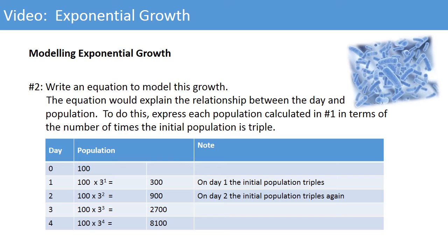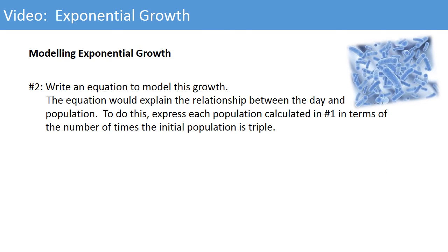If we continue this pattern, for day 2, 100 times 3 to the exponent 2 would be 900. For day 3, 100 times 3 to the exponent 3 is 2,700. Day 4, 100 times 3 to the exponent 4 is 8,100. We get the same values.